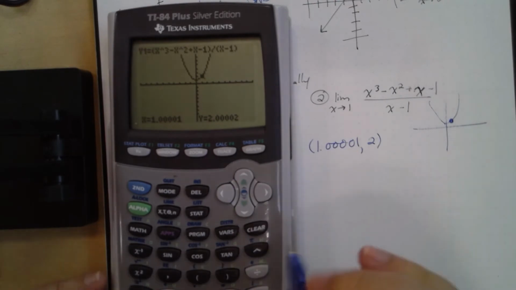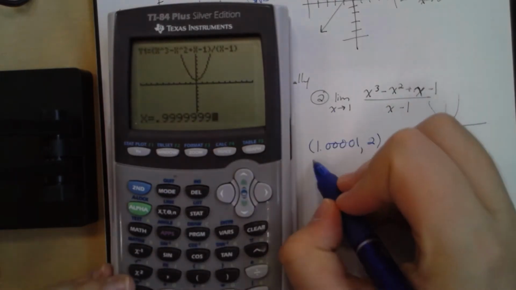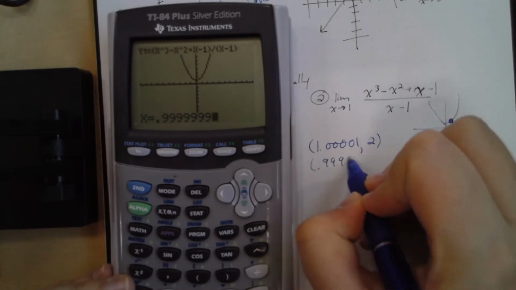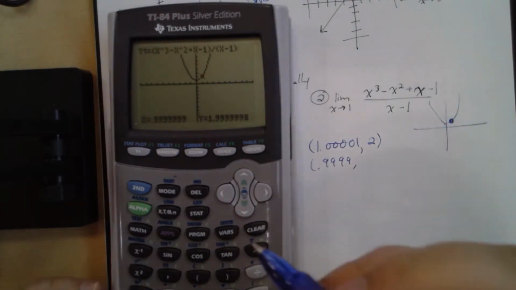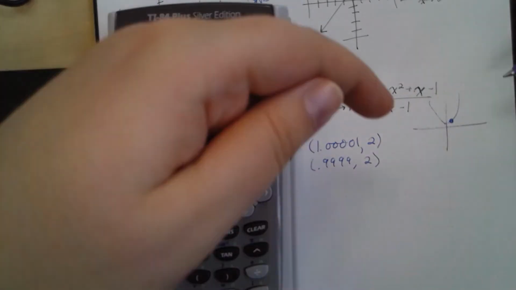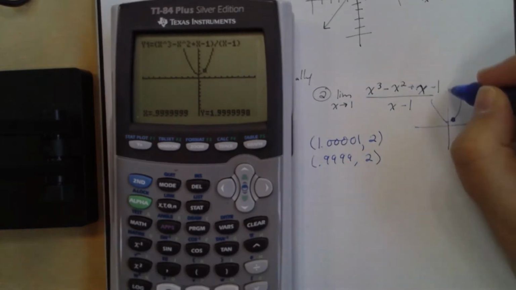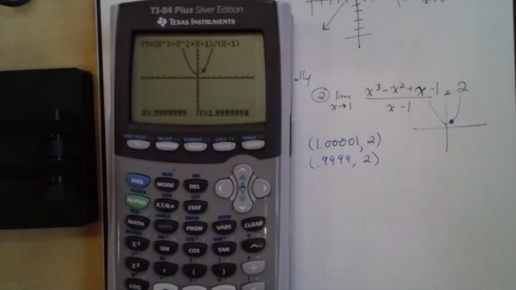If I trace again 0.99999, slightly to the left, I get 1.99999, basically 2. So the limit, as we're approaching from both directions to that point 1, is equal to 2. Let's do a few more examples.